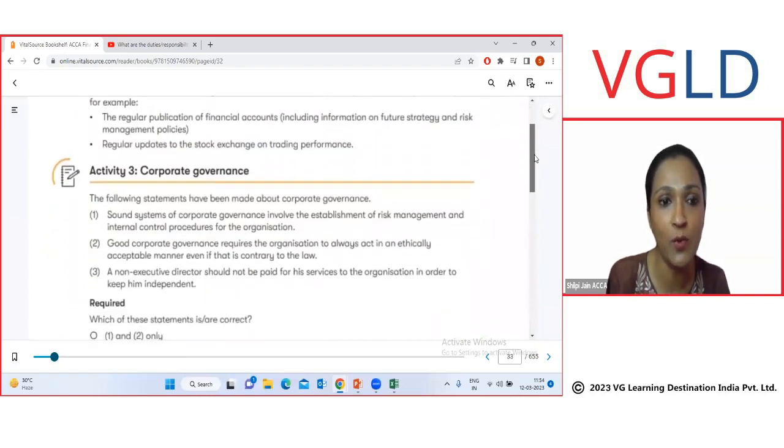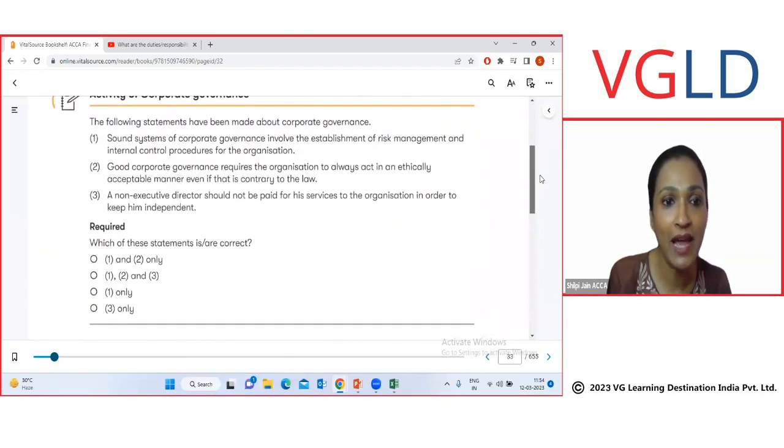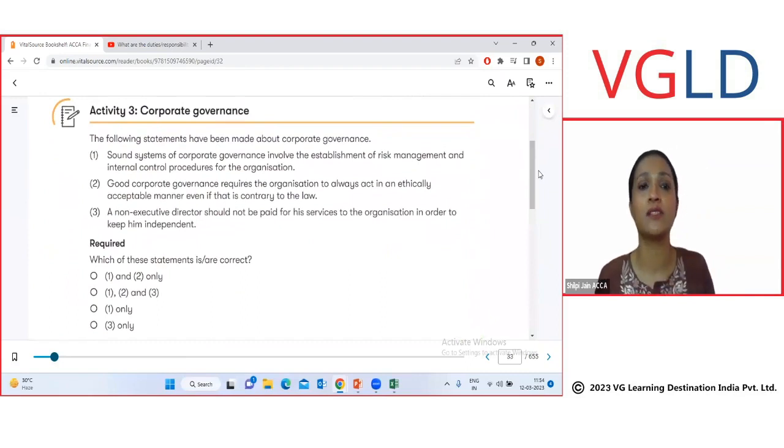Okay, corporate governance, quick question there. Quickly have a look at activity 3 and pour in your answers, please.